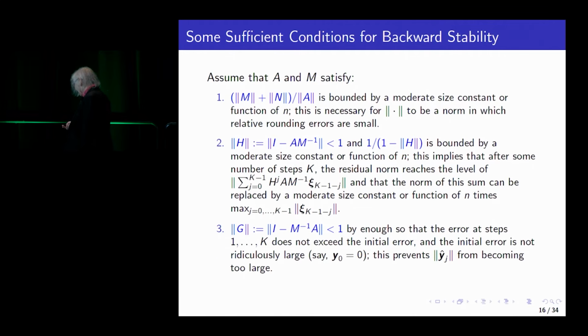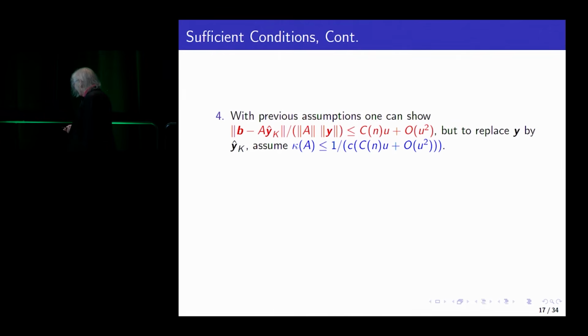Then if the initial guess is y0 equal 1, the norm of yj hat will not grow by more than a factor of 2 times the norm of y. And with all these assumptions, one can show that a sort of relative residual satisfies what we want.